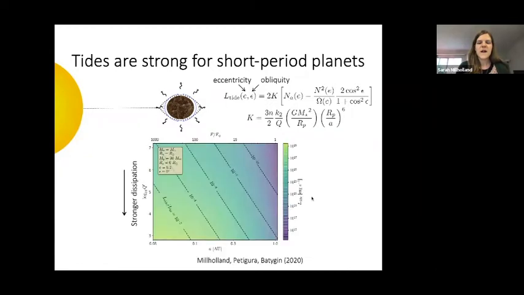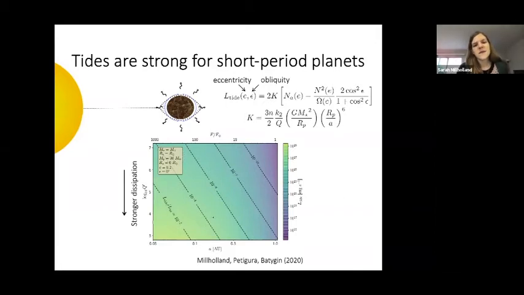This plot on the bottom shows this tidal luminosity as a function of the tidal quality factor, which is a measure of how dissipative the planet itself is, as well as the semi-major axis of the orbit, for some fiducial planet mass and radius.